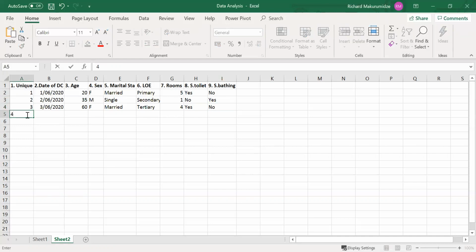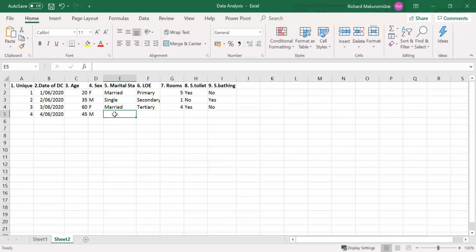I'm entering what is on my questionnaire. I put the date and the age, maybe this one was 45. And then it was male.